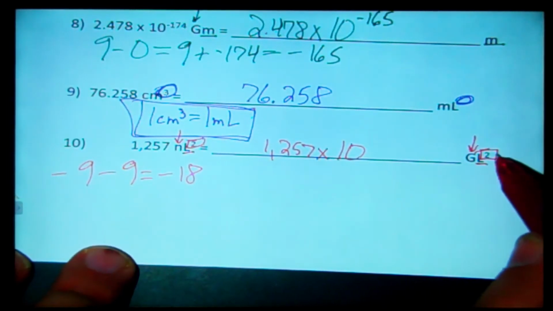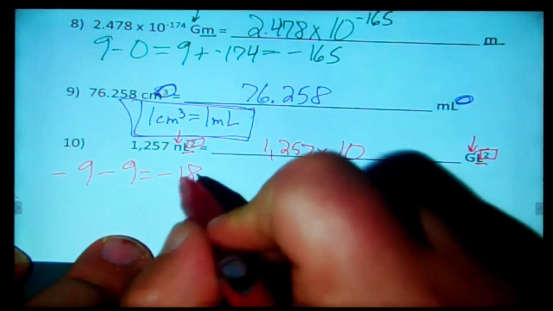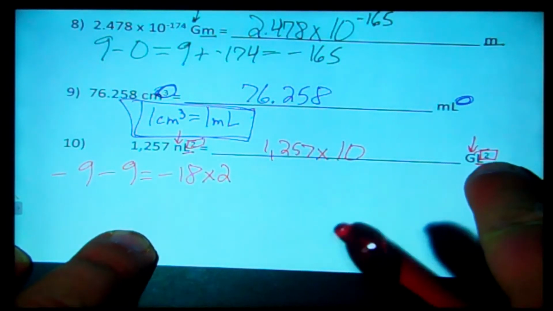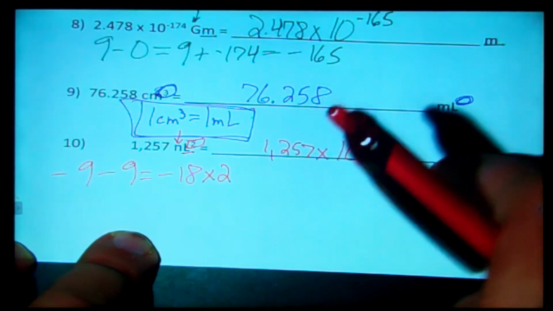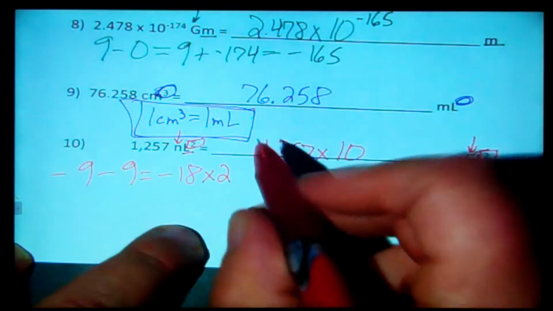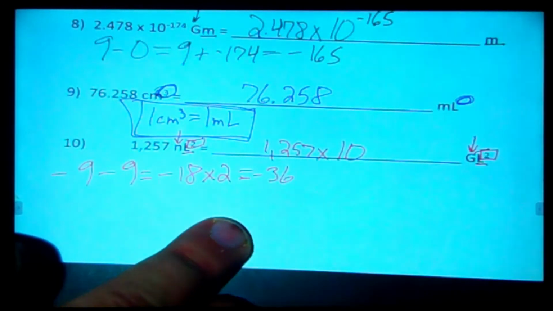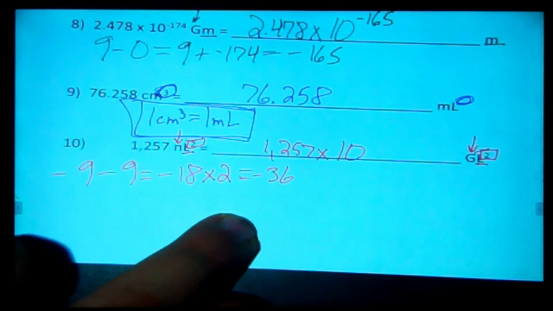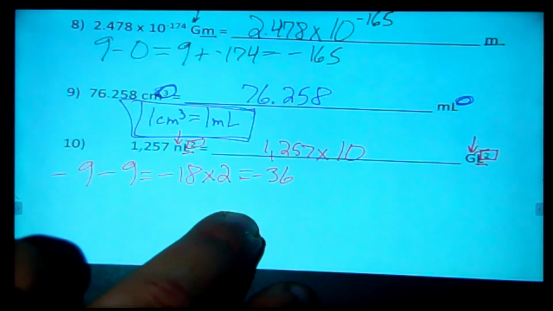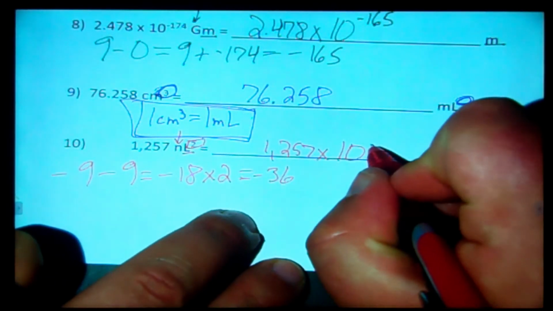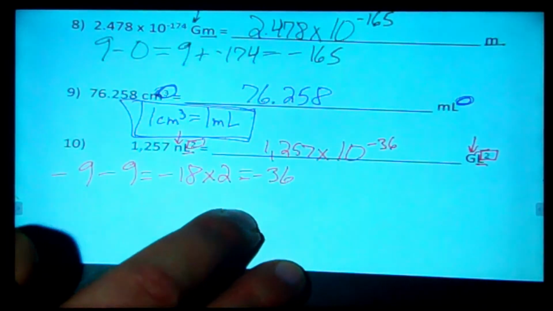These are squared, so we have to multiply by 2. Because you multiply by the one that's on the unit. So negative 18 times 2 is negative 36. And then you would add whatever exponential value you started with. In this case, we don't have one, so it's just negative 36.